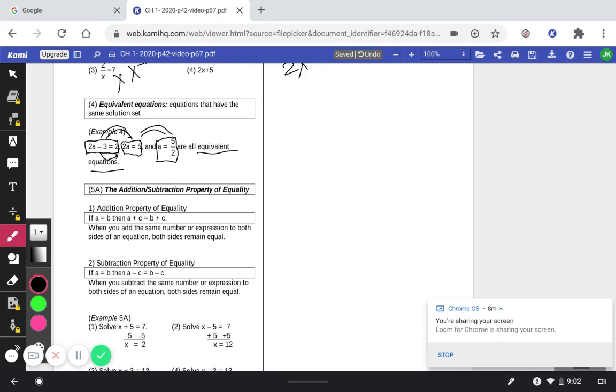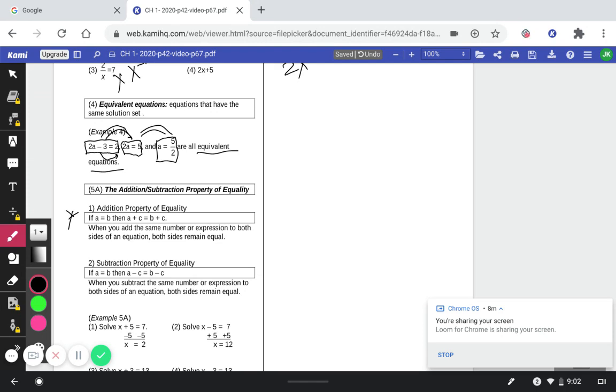Now, number 5a, addition and subtraction properties of equality. There is an addition property of equality. What they're saying is if a equals b, you can add the same value to both sides and they are still equal.